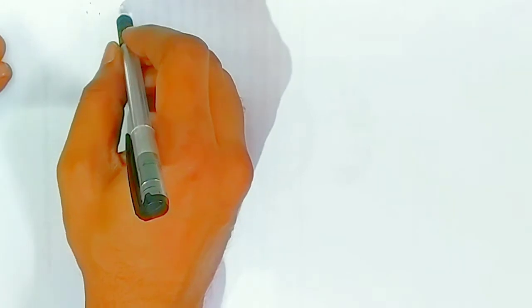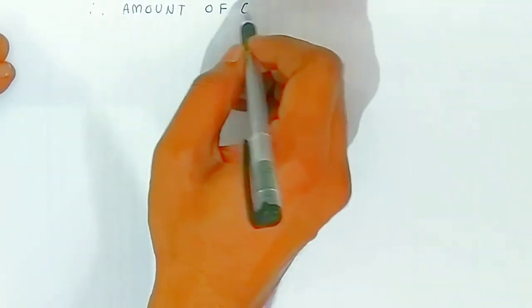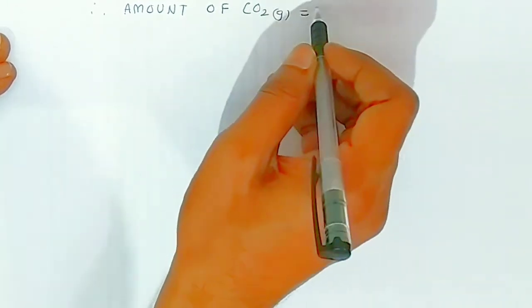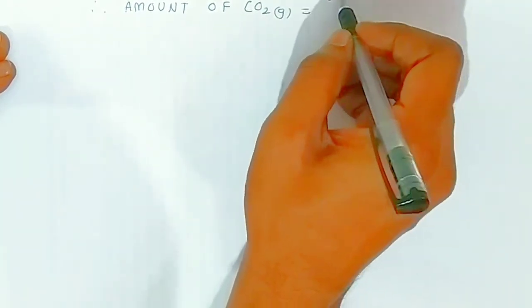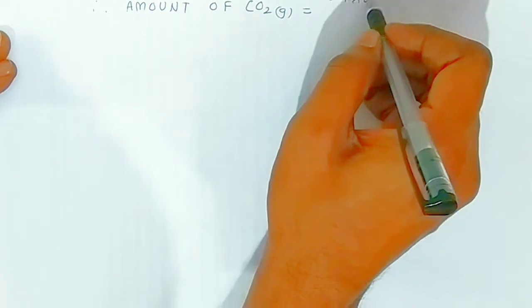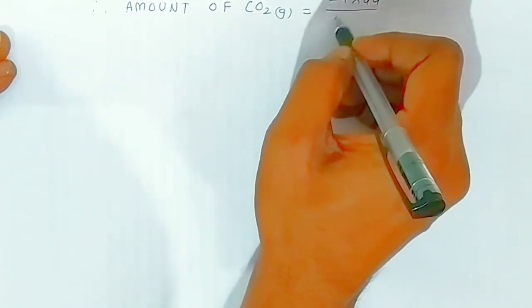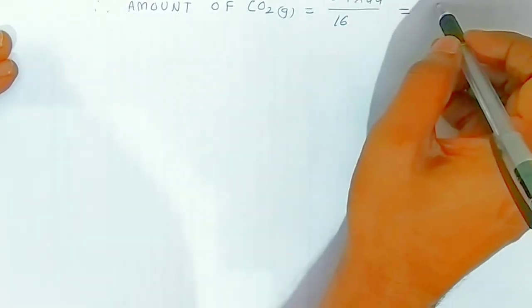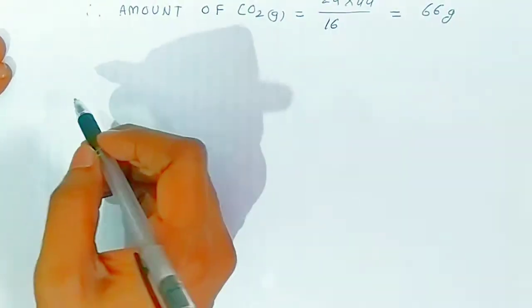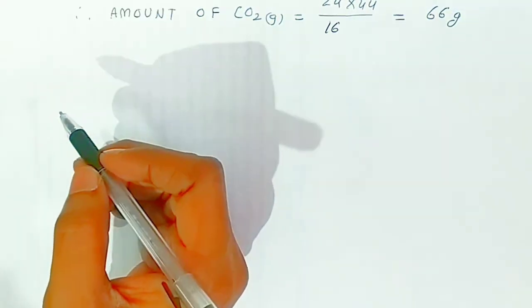So how much, students? The amount of carbon dioxide gas equals, if you cross multiply, 24 into 44 upon 16, which comes to 66 gram. In the same way, students, you can also find the amount of water vapor.